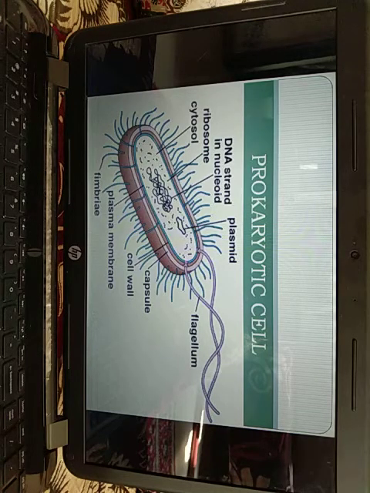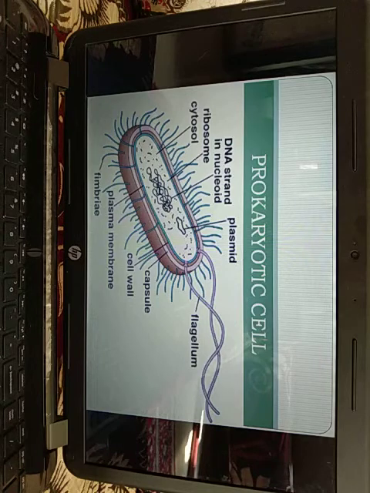Now next we have chromatophores. They are internal membrane systems of photosynthetic forms which possess the photosynthetic pigment. In purple bacteria the membranes are typical, while in green bacteria they are non-unit, non-lipid and proteinaceous.